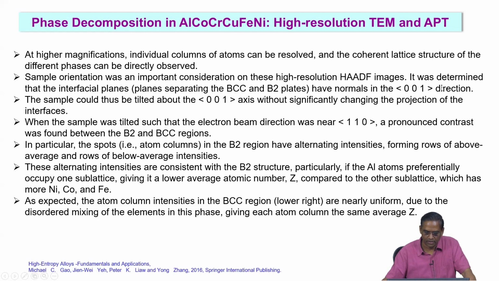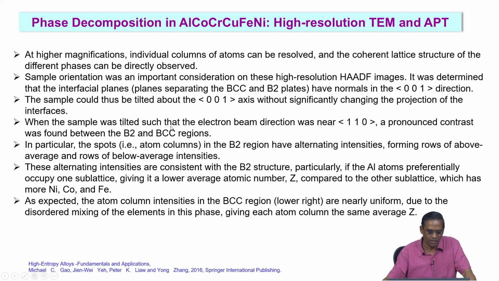With these techniques, it was determined that the interfacial planes, the planes separating the BCC and B2 plates, have normals in the 0, 0, 1 direction. So, the samples could then be tilted about the 0, 0, 1 axis without significantly changing the projection of the interfaces.